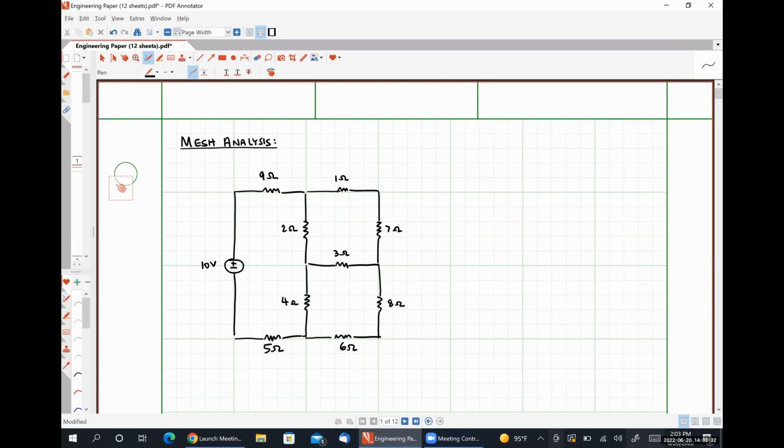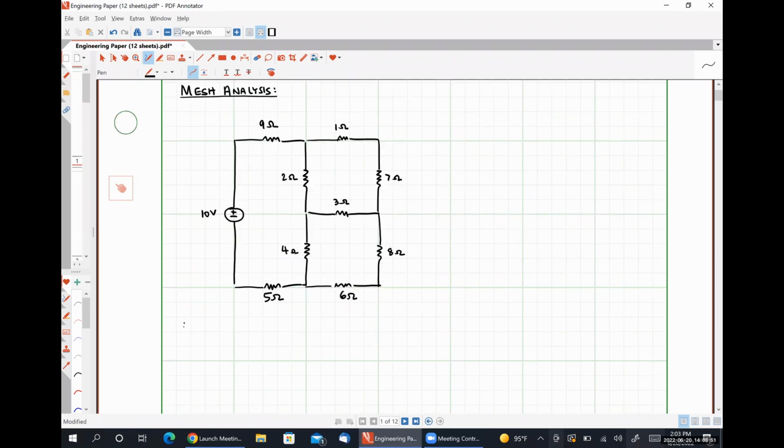All right, so the first thing that we are going to do is we are going to identify our meshes. This is probably even easier for us to do for mesh analysis than it was for us to define our nodes for nodal analysis. Okay, so let's put number 1. Identify meshes. Okay.